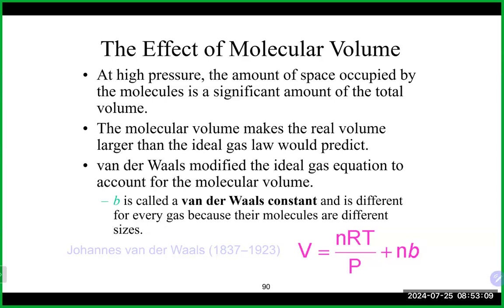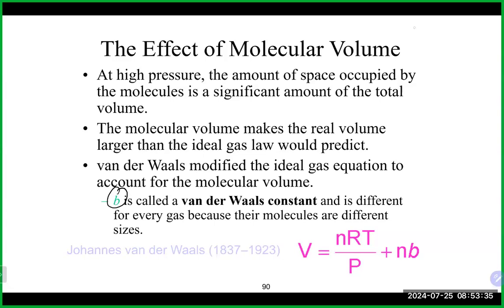So a guy by the name of van der Waals came up with some correction values and factors that can be used to correct for real gases. It builds off of the ideal gas law, but it gives you these correction factors. The correction factor for the volume is the b constant, or the b van der Waals constant, and that is different for every gas.